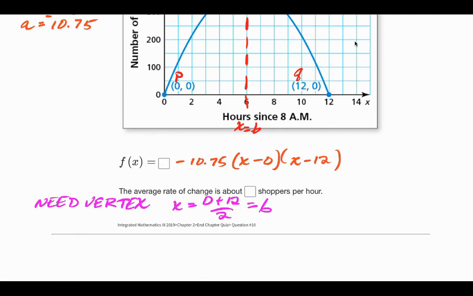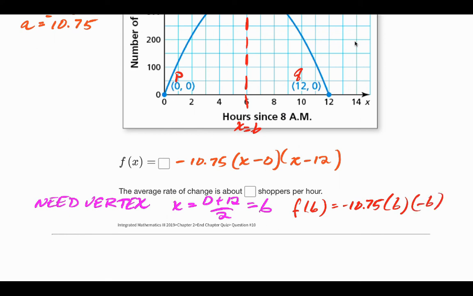Now to find my y value, I'm going to plug in f of 6. And f of 6 is again negative 10.75. Again, 6 minus 0, I'm just plugging in the 6. 6 minus 0 is 6. And then 6 minus 12 is negative 6.